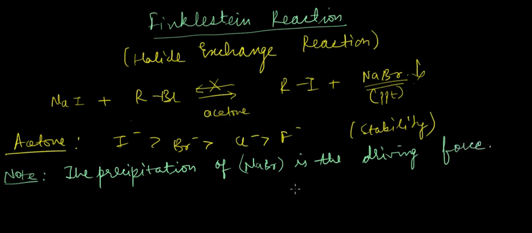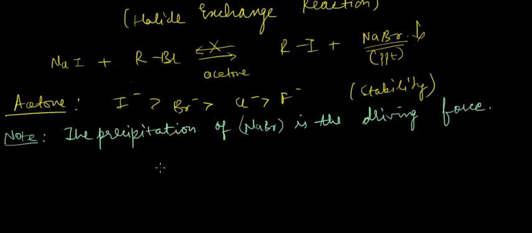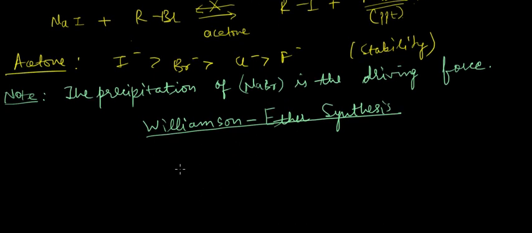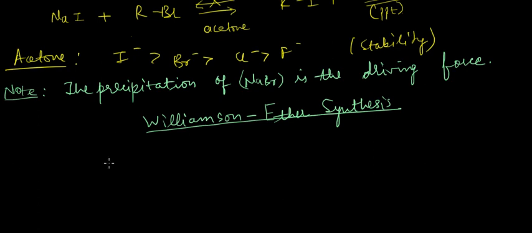Okay, so let us talk about Williamson ether synthesis. So in Williamson ether synthesis, we have these reagents. So RO minus, the general name is alkoxide.